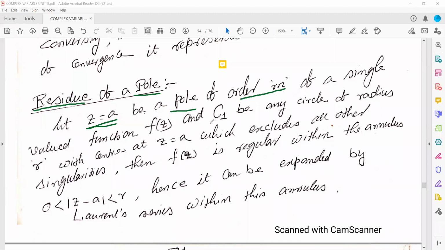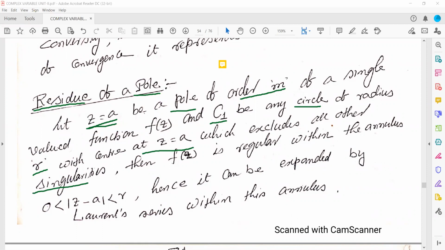And then we are taking C1, any circle of radius R, with center at z is equal to a, which excludes all other singularities.